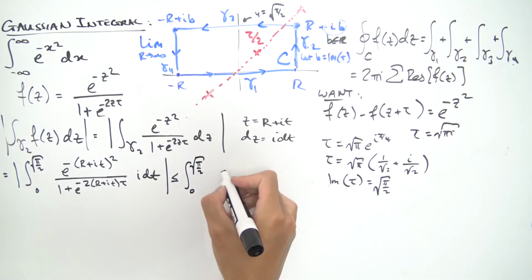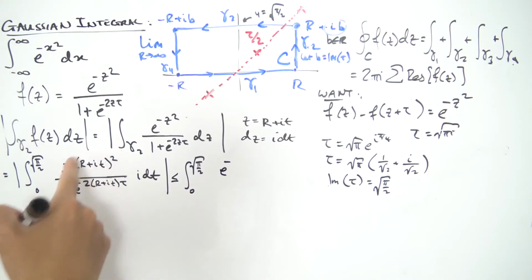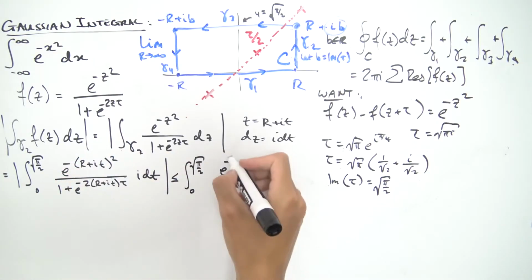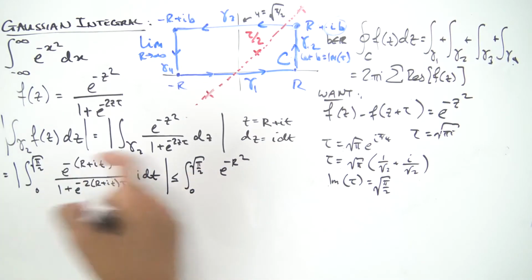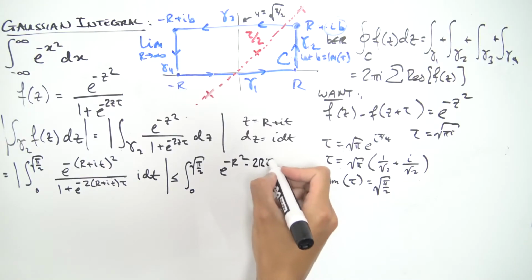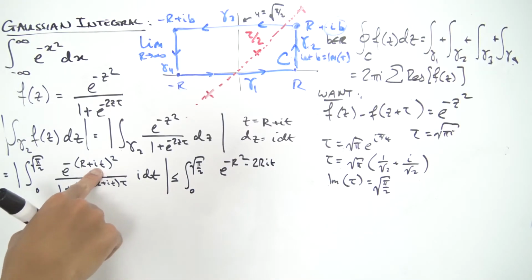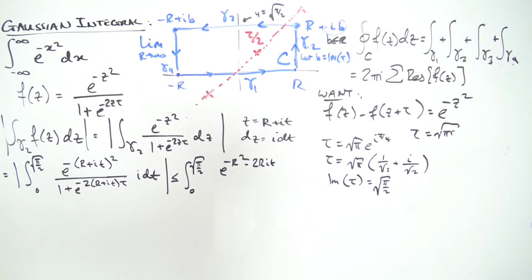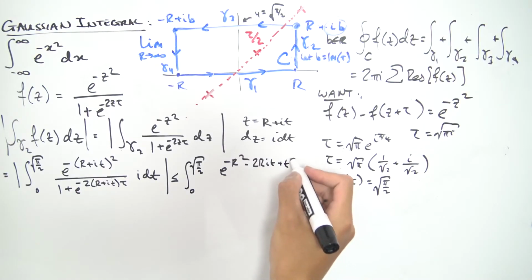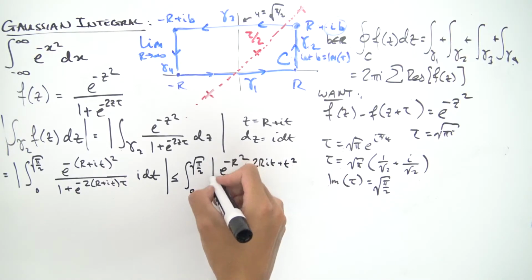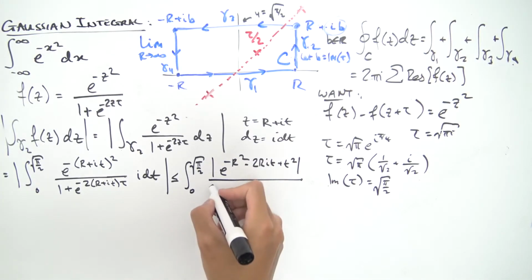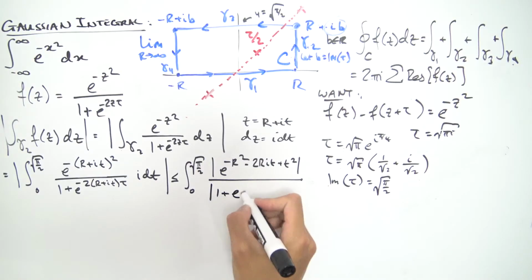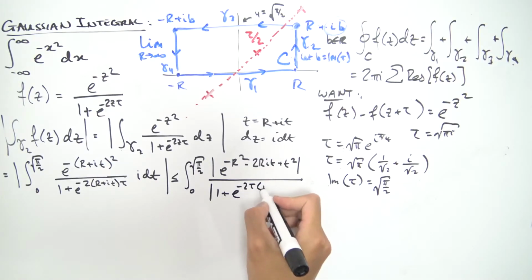We are going to get e to the minus, let's use the binomial theorem over here, so we're going to have r^2 first, and minus r^2, and then 2 times r times it, but since we have minus, we have minus 2rit, and then finally i times t, but the whole thing squared is exactly minus t^2, and we have a minus out here, so those are going to cancel, giving us a plus t^2, and this is in absolute values as well, and we're going to divide this all by the absolute value of 1 + e^(-2τ(r+it)).